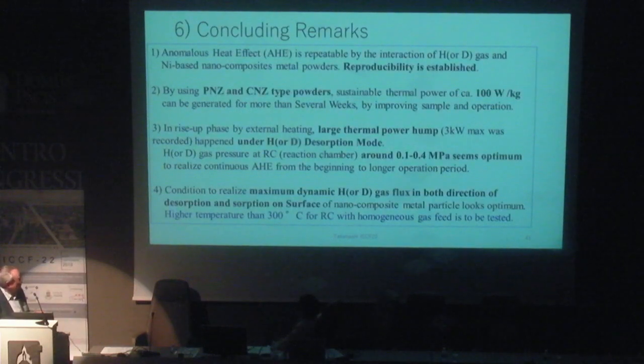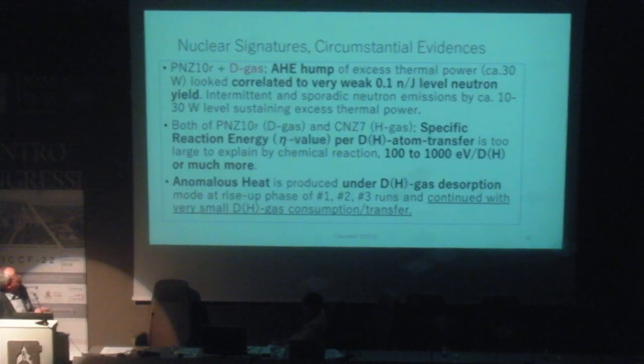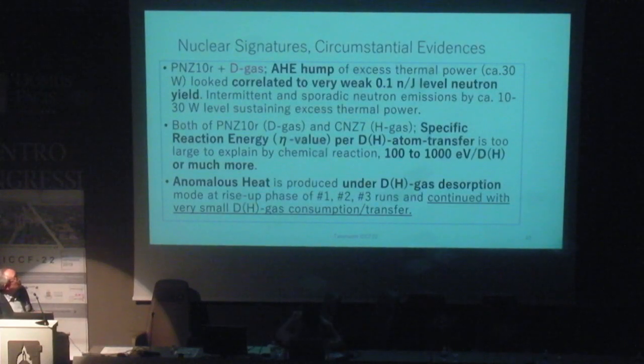That kind of condition is maybe less. We need to try experiments at higher temperature, and we are now going to do this. The other circumstantial nuclear evidence is a weak signature of neutrons correlating to the power time dependence, and also the specific reaction energy per neutron transferred.